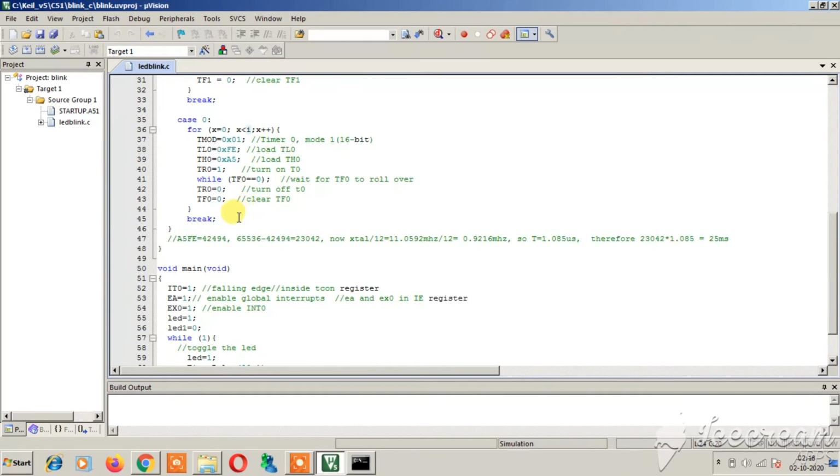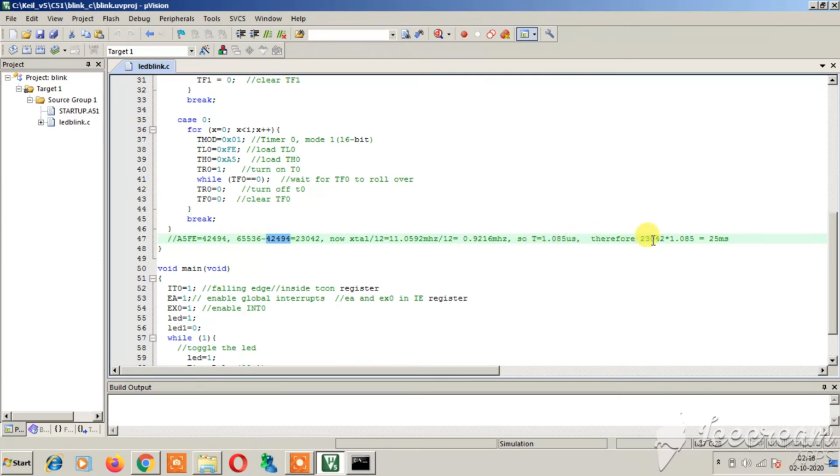Now the explanation here is A5FE is the word, means in decimal it is 42494, and for 16-bit the 65536 is the upper limit, so this minus this value is equal to 23042. Now the timer frequency divided by 12 is used, so it comes around as 0.9216 megahertz. So time pulse equal to 1.085 microseconds.